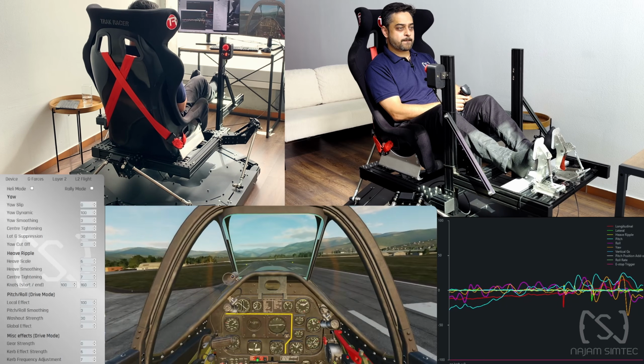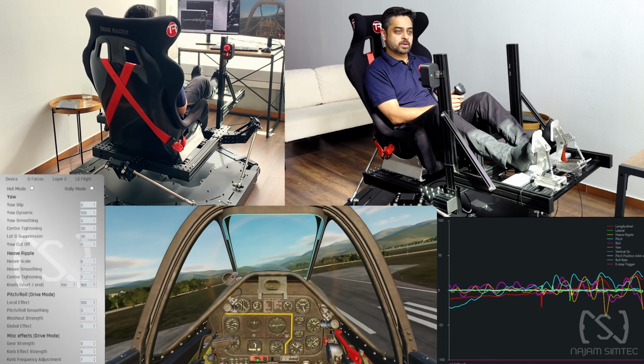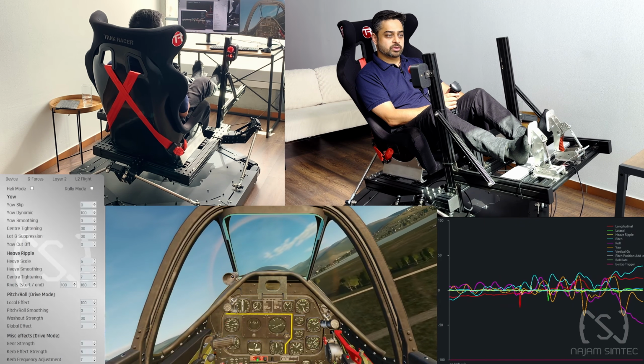Let's do another touchdown. Let's do a really short approach again.